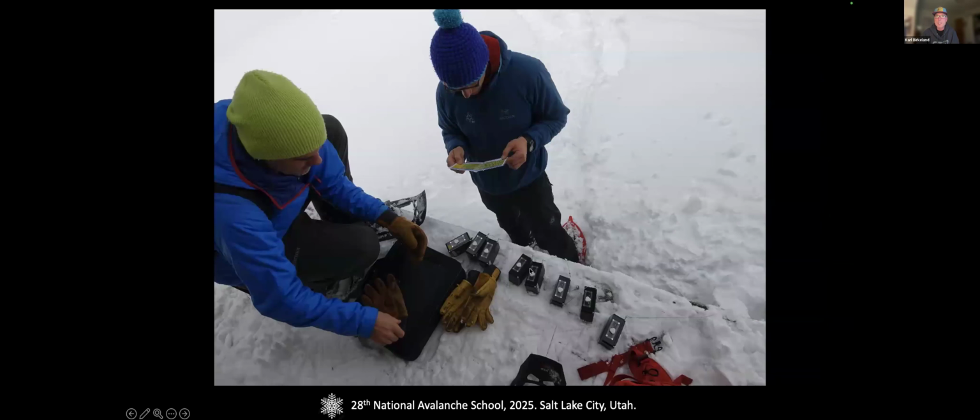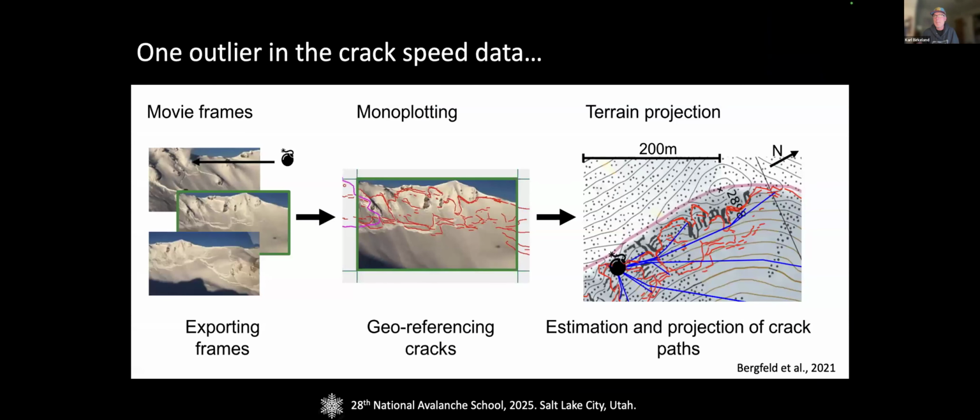There were also more measurements of whumpfs, but there was one outlier in the data, and Dave Hamre, Ron Simenhois, and I collaborated on a project to measure crack speeds from videos. We analyzed several avalanche release videos, and we documented extremely fast crack speeds.